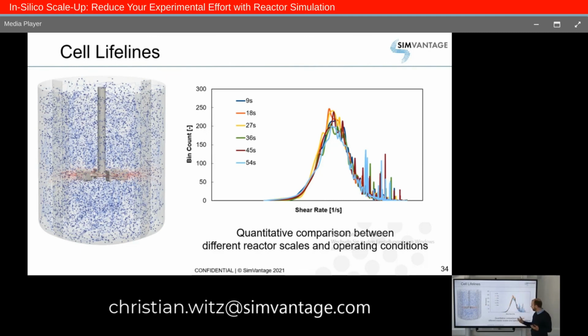This gives us a quantitative comparison where we can then do scale up, because we can compare the shear rate, the dissolved oxygen at specific times, for example, in the fermentation phase.